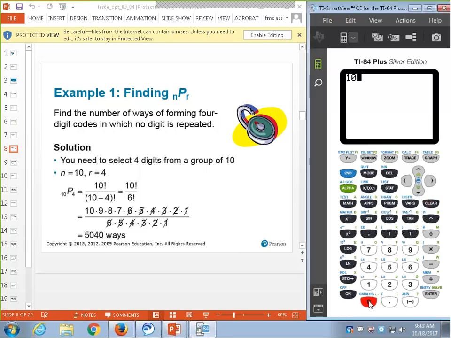You put in the total number, 10. You go to math, go over to probability, highlight probability by using the arrow key 3 times, and then nPr is number 2. So select number 2, put in the number of selections, which in this case is 4, hit enter, and there's your answer, 5,040. Again, it doesn't show you the work, but it gives you the right answer.